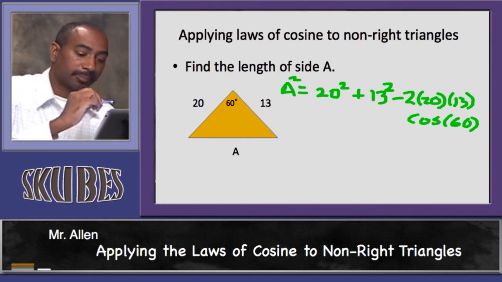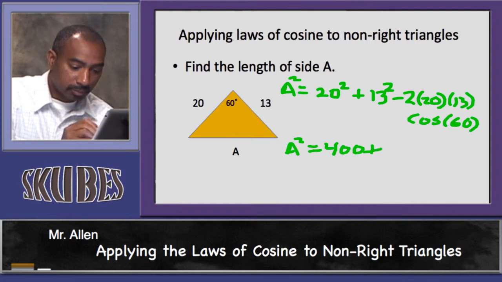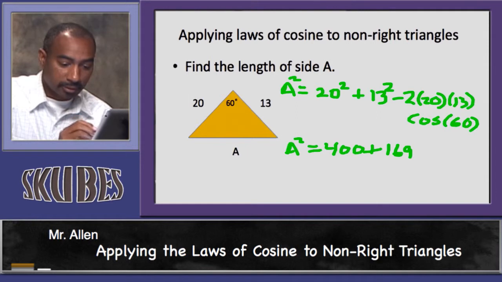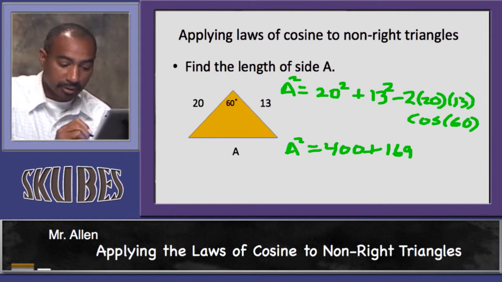Sorry, this is a squared. So a squared: 20 times 20 is 400, this is 169, and 2 times 20 is 40, and 40 times 13 is 520.